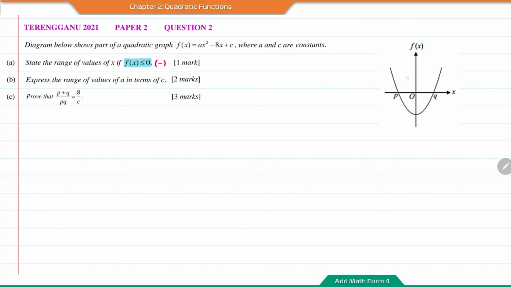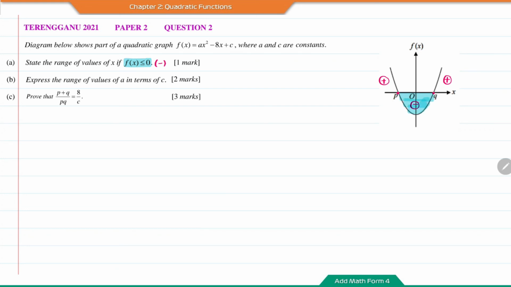So from this graph, P and Q are the roots of this quadratic graph. The parts above the x-axis are going to be the positive ones, and below the x-axis is going to be the negative one. As f of x is less than or equal to 0, we're going to look at the negative one here.